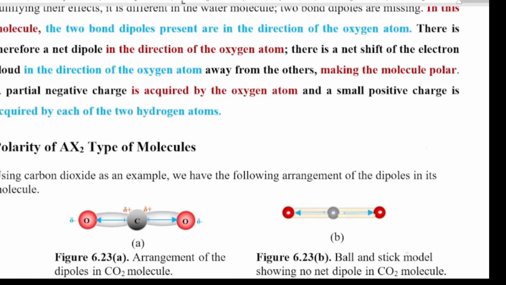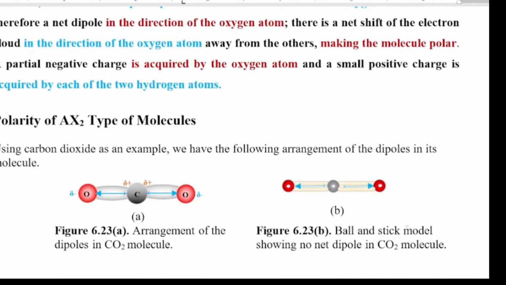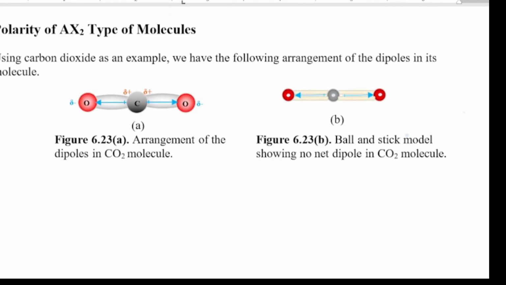Let's look at the AX2 type of molecules. We use carbon dioxide to exemplify that. Remember we said that when you have double bonds, it's considered to be a single bond. Here's a central atom, and here you have a linear molecule. We have already determined that carbon dioxide is a linear molecule when we did shapes of molecules, right?